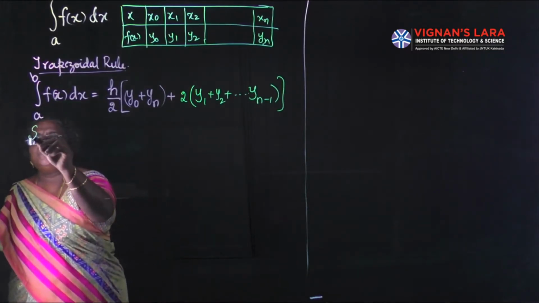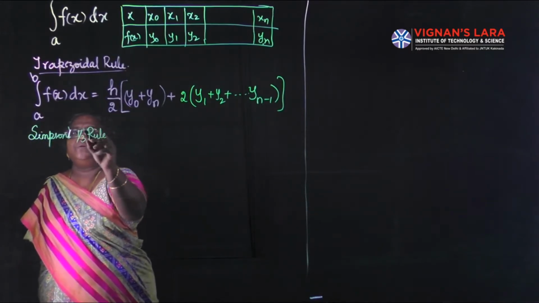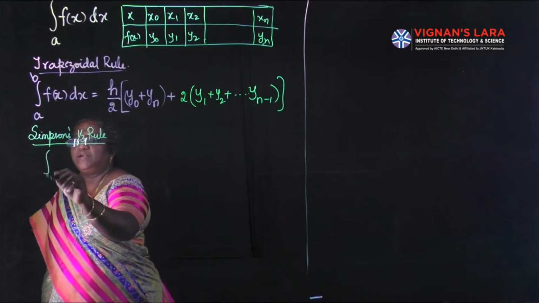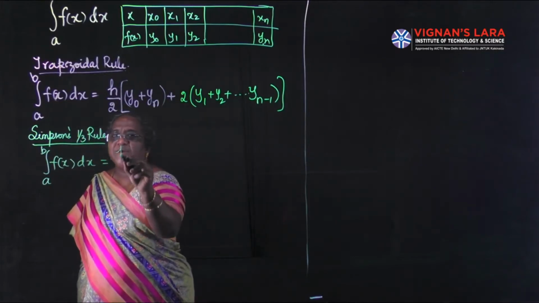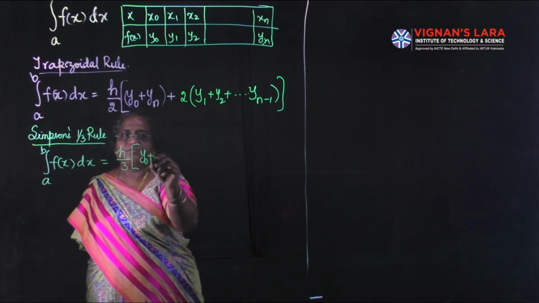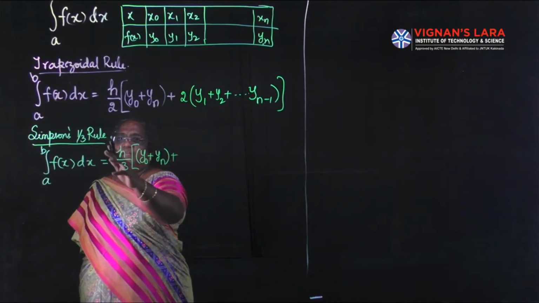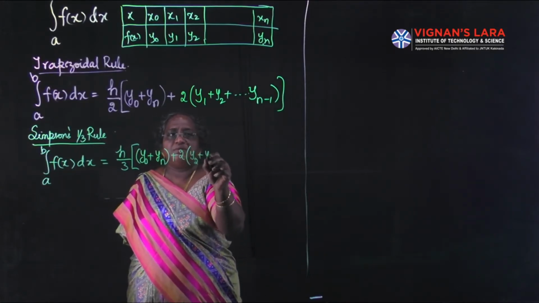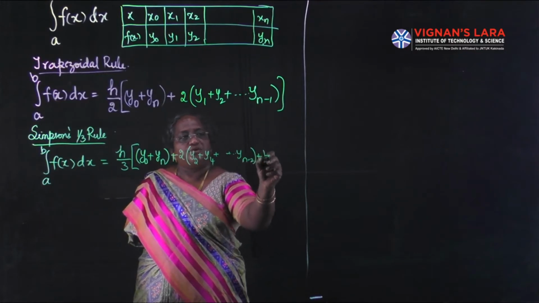Next, Simpson's 1/3 rule. Here it is integral a to b f of x dx is equal to h by 3 of y naught plus yn, which is common, plus, as I told you, it is to be written for an even number of subintervals, 2 times the even terms: y2 plus y4 plus y6 plus so on, up to yn minus 2, plus 4 times the remaining terms.